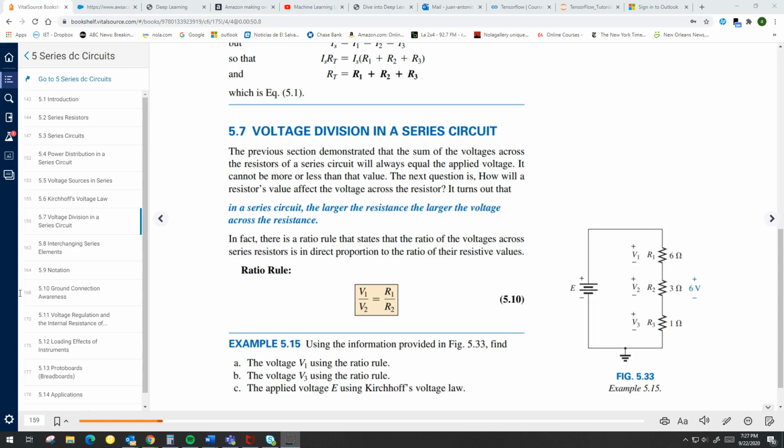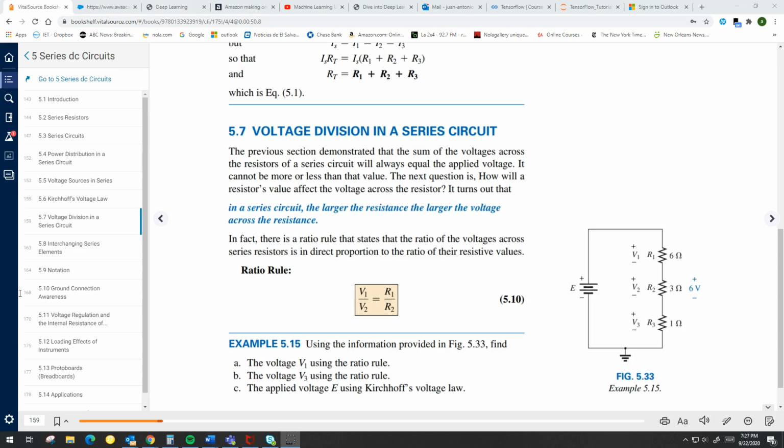For example, it says here, what is the voltage V1 in this circuit? Notice that they're not giving you the source voltage. The only thing you know is that the voltage across R2 is 6 volts.